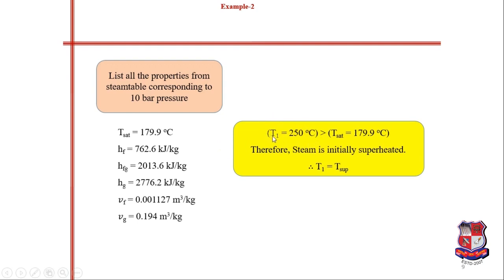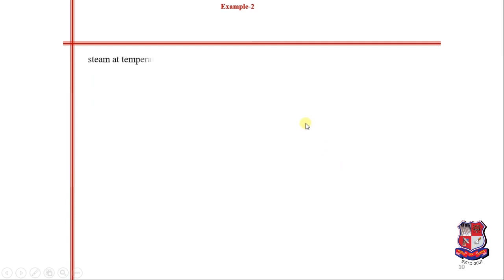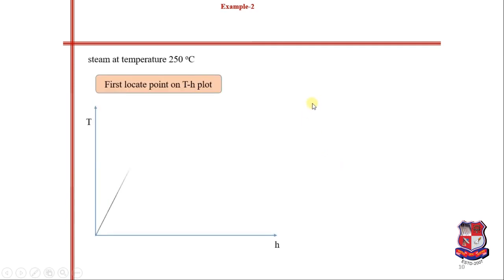Okay, so whatever steam is given to us is initially superheated, so we can consider temperature 250 degrees Celsius as superheated temperature. Okay. So let's find out internal energy of point number 1, and that is in superheated region.